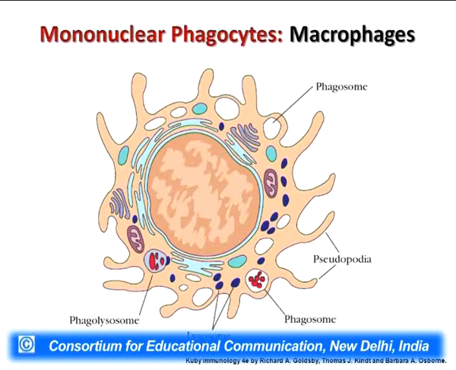The other monocytes, which develop in the tissue organs, are called macrophages. These macrophages have pseudopodia, special structures through which these cells engulf the antigens or pathogens present in the blood circulation, lymphatic vessels or tissues.